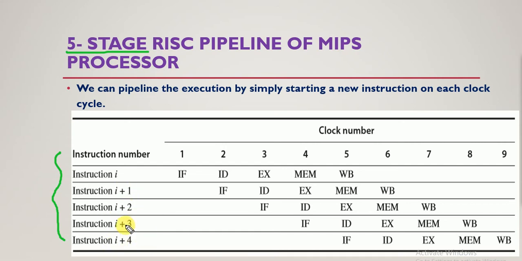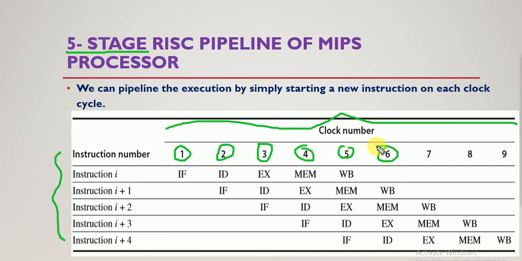So totally we have 5 instructions, one after another. Now on the X axis we can see the clock cycles: the first clock cycle, second, third, fourth, fifth, sixth, seventh, eighth, ninth. It will go in this way.